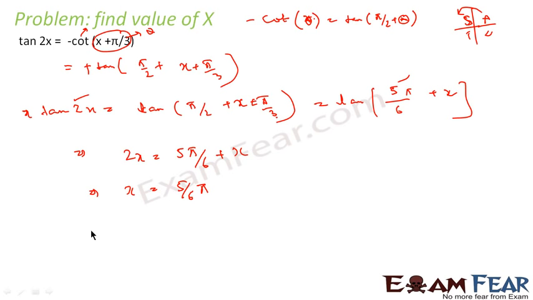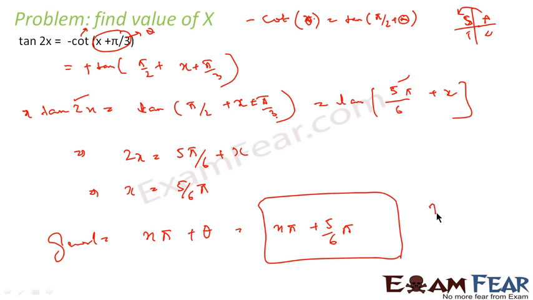Now for the general solution, since this is tan, it is n pi plus theta, and theta is 5 pi by 6, so x is n pi plus 5 pi by 6, where n is a member of Z. Please don't forget this. What we have done is convert cot into tan, equate both sides to get the principal solution, and then find the general solution.